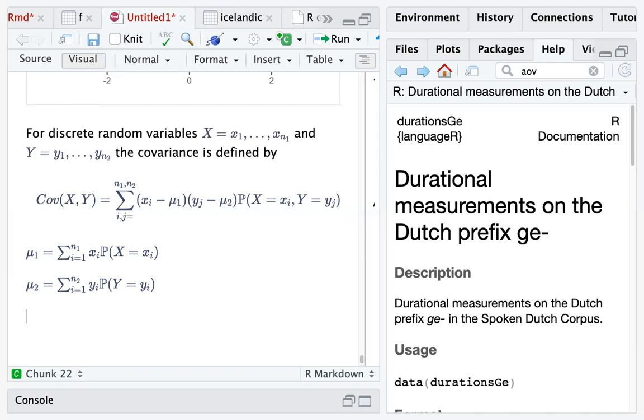So this was the covariance, and we will explain later what it means. We will visualize it in a better way when we define it for a set of points.